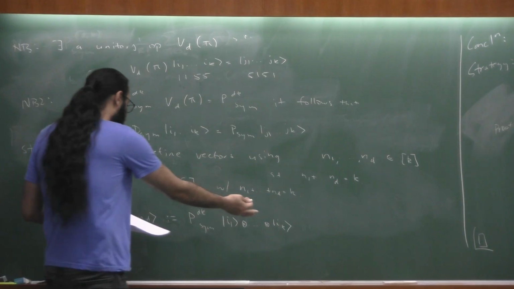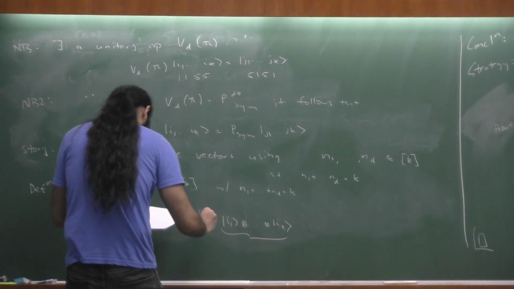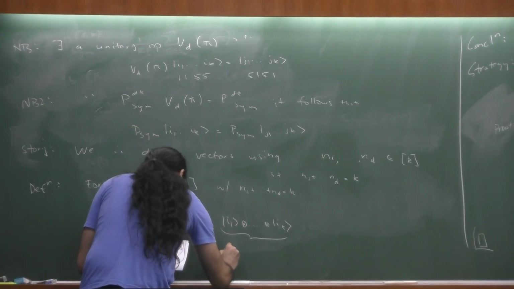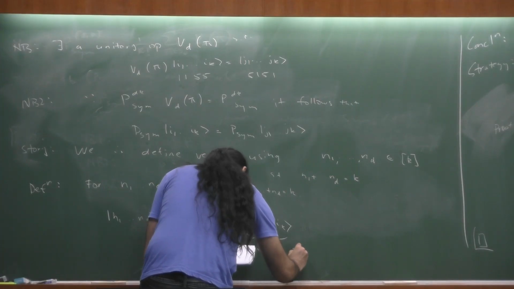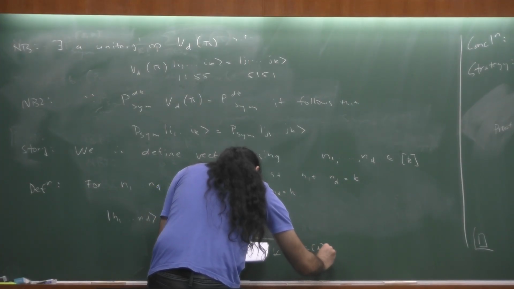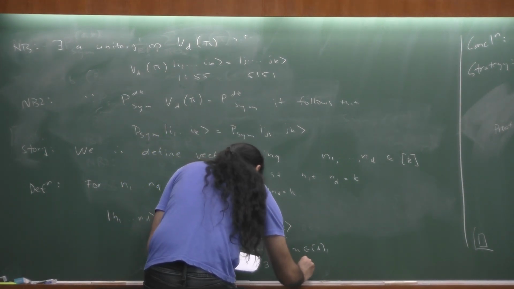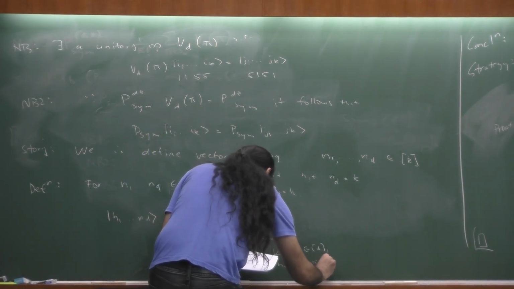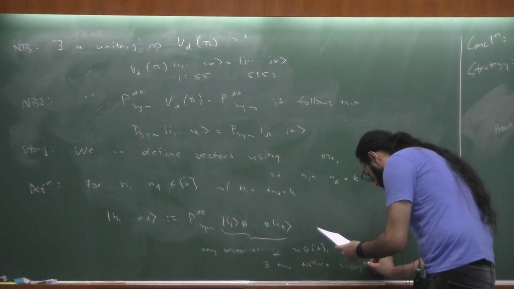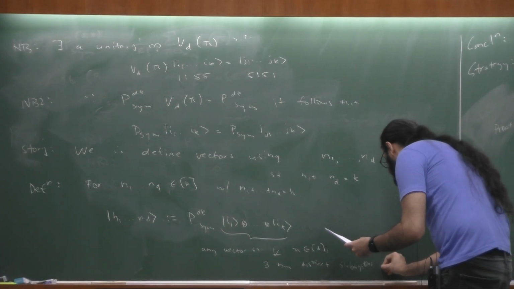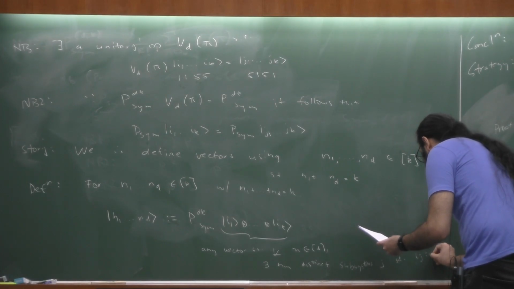And what is the constraint on these? The constraint is that it has to satisfy this, right? So it's any vector such that for all m in D, there exist n_m distinct subsystems j such that i_j is m.